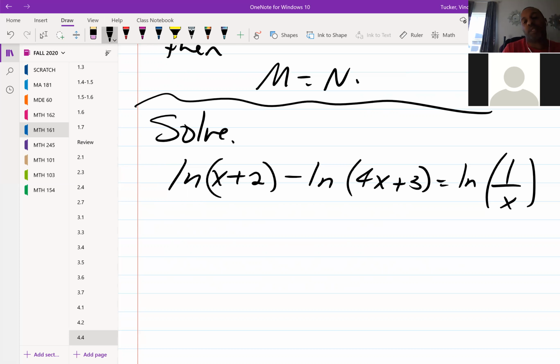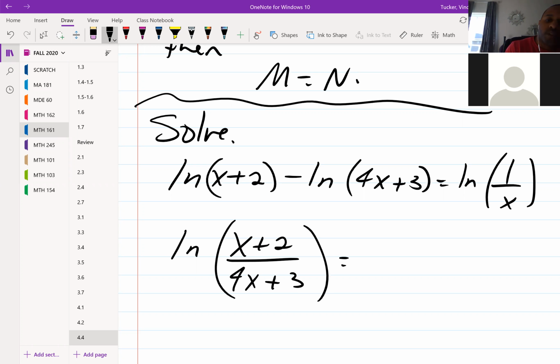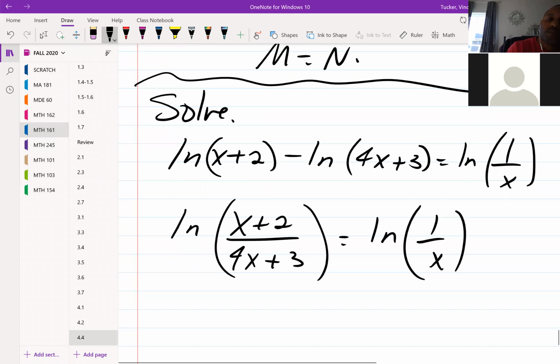Subtraction means that we need to use division in the application. So there's going to be natural log of x plus 2 divided by 4x plus 3 equals natural log of 1 over x. So we condensed.